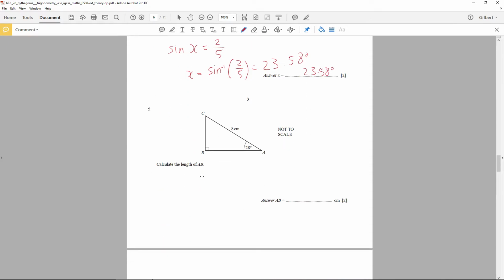Calculate the value of A to AB. We have the hypotenuse again, and this is your adjacent. This is your opposite. In order to find your adjacent value, you will use cos theta equals adjacent over hypotenuse.